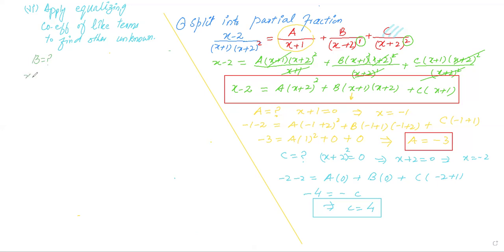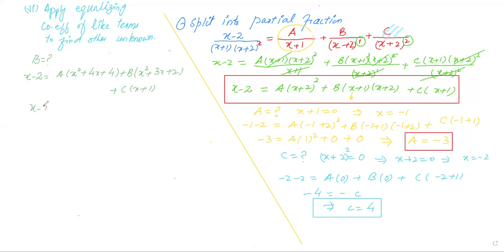I will make it short: x minus 2 is equal to A times (x square plus 4x plus 4) plus B times (x square plus 3x plus 2) plus C times (x plus 1).